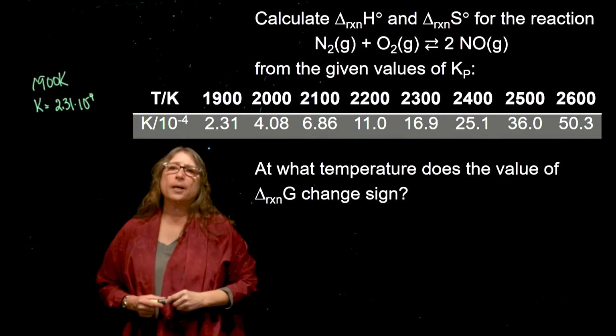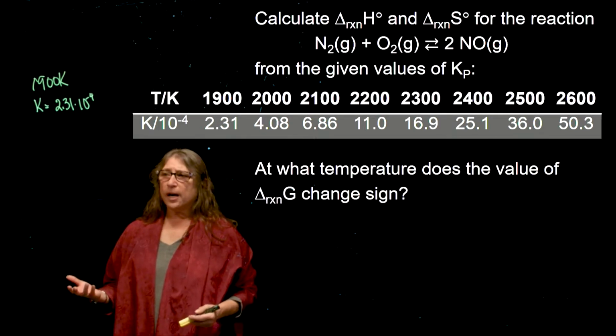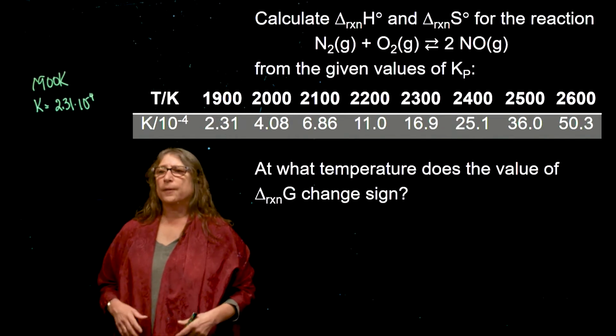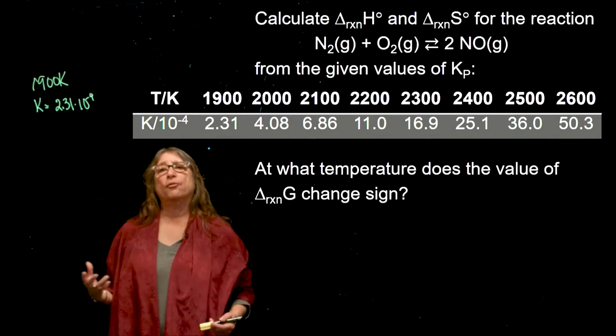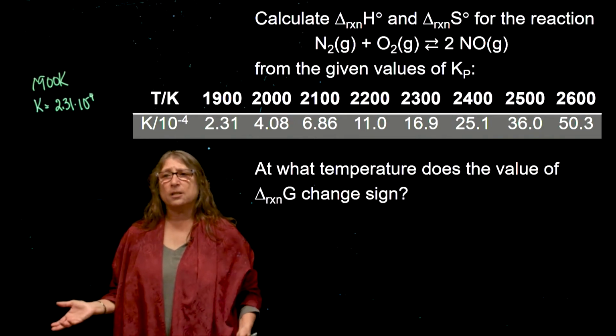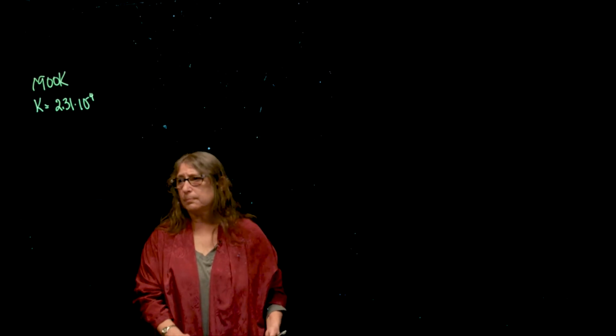So the first thing that we actually have to do is convert these equilibrium values into their real numbers, and that dividing by 10 to the negative 4 just makes it easier to actually type it into the table so the table takes up less space.